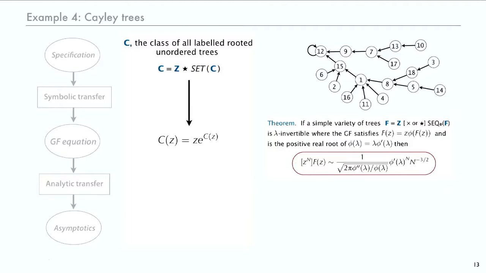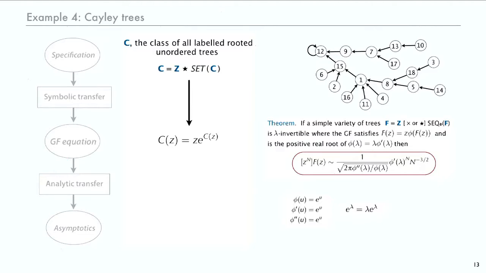It satisfies z star product sequence or set of something, and so we immediately get the characteristic function phi of u equals e to the u. The derivatives are all e to the u. So as long as our generating function has this form, then the rest of the theorem comes through.